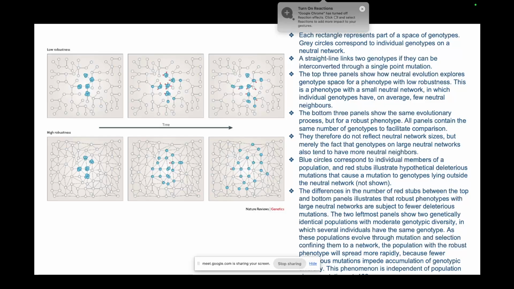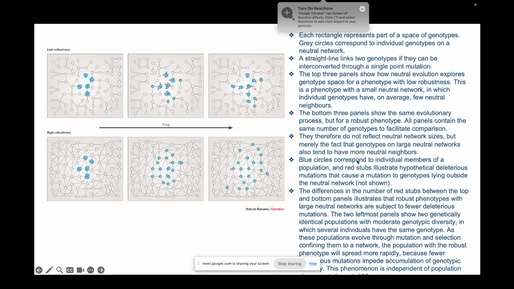You have a slight mutation, the phenotype is almost the same, maybe with a slight difference, or even if you do not see a difference, that is also fine. Multiple generations of these mutations accumulate to actually show a shift in the phenotypic distribution from what we had before. So this is a low robustness condition, where after you move from one node to another, the phenotypes are getting changed.